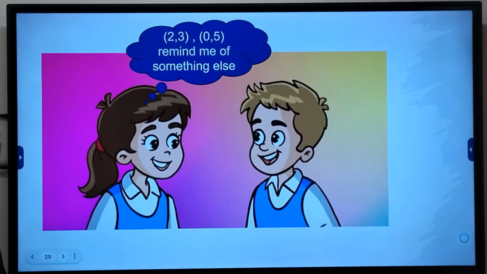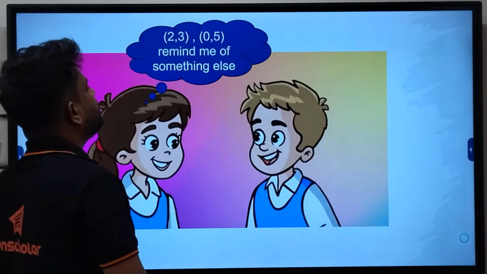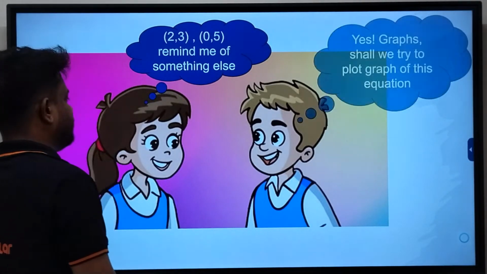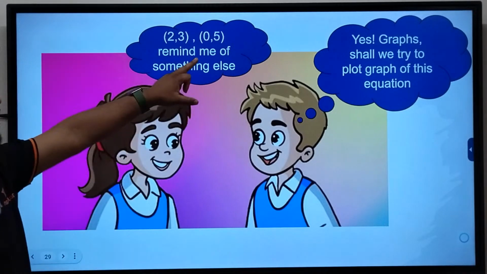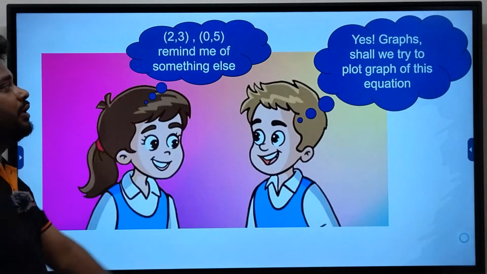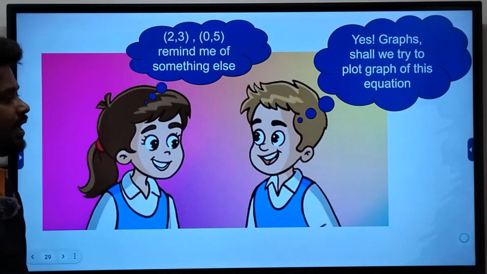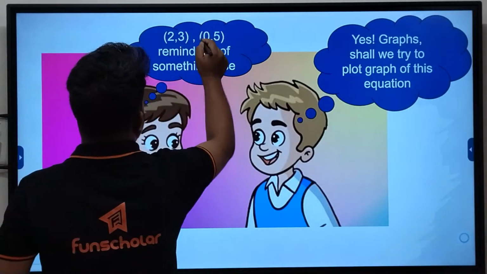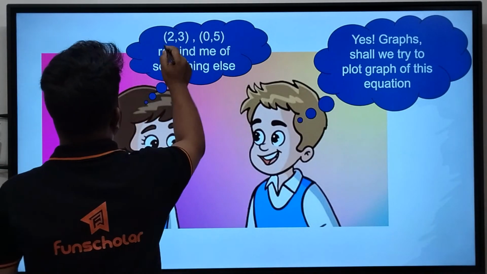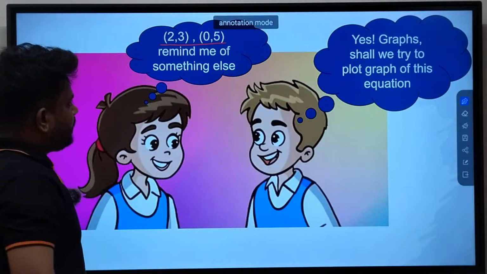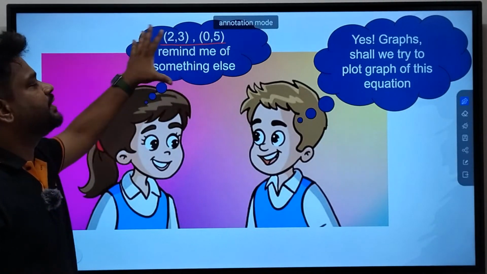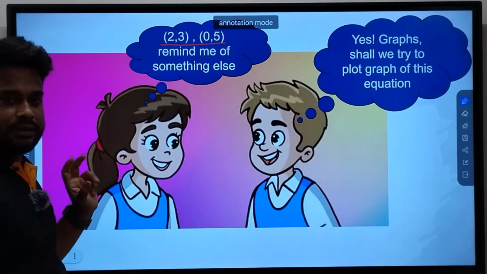The next, 2, 3, 0, 5, remind me of something else. What is it? Yes, graphs. Shall we try to plot the graph of this equation? This is a simple representation of graph points.